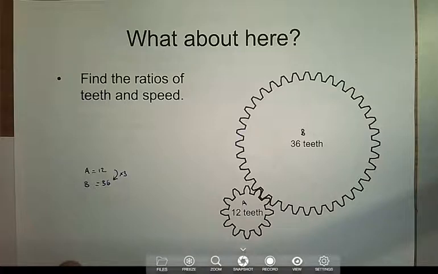So it's logical that for every 1 turn of B, we need 3 turns of A. Every 1 turn of A will give us a third of a turn of B.